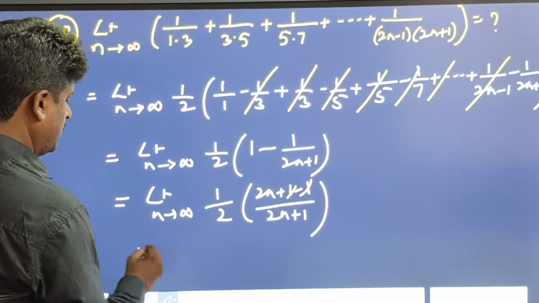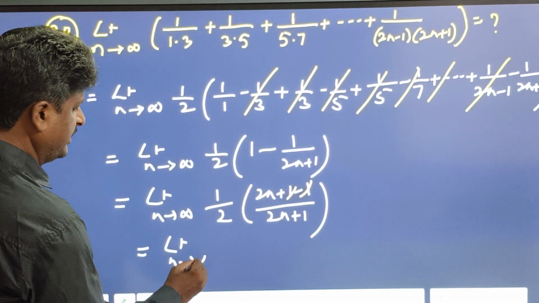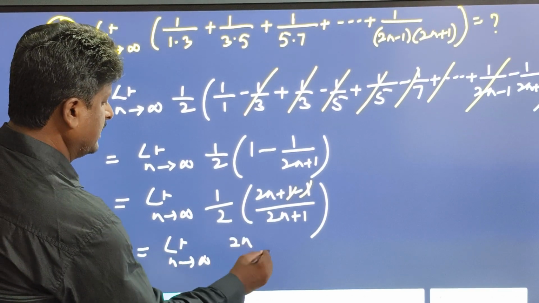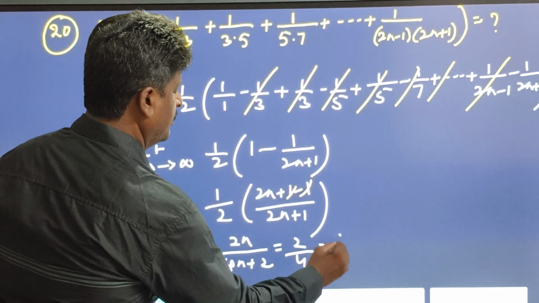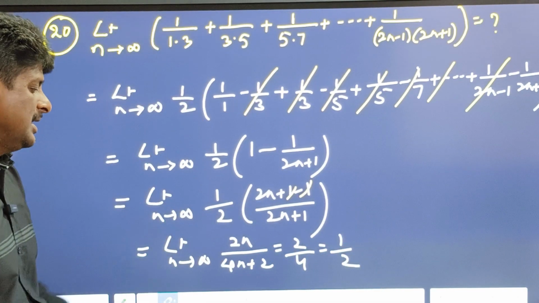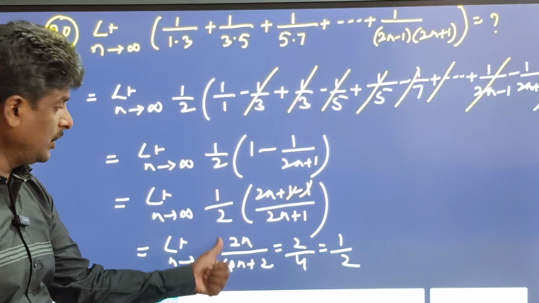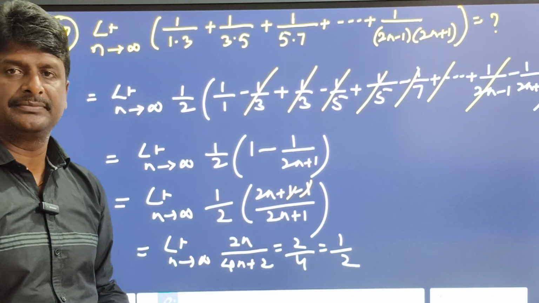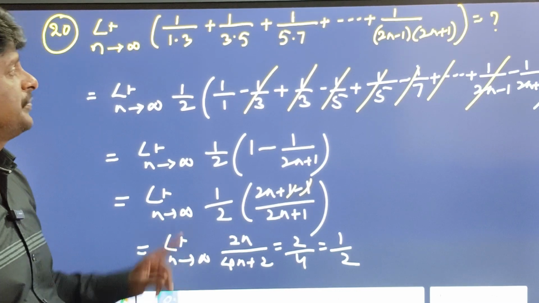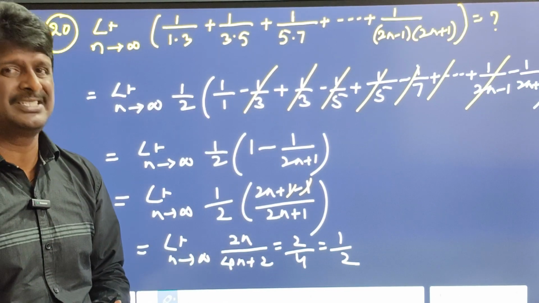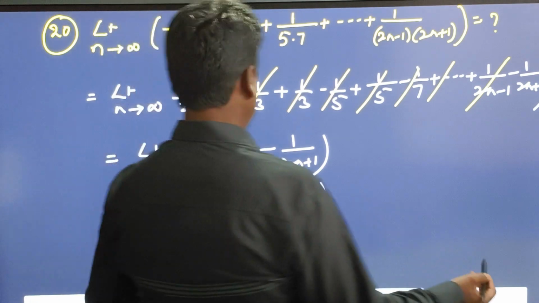Degrees are equal as n tends to infinity. 2n by 4n plus 2, which equals 2 by 4, that is 1 by 2. In case degrees are equal, take coefficient by coefficient: answer 1 by 2. Okay, very simple to find when the continued series is also given.